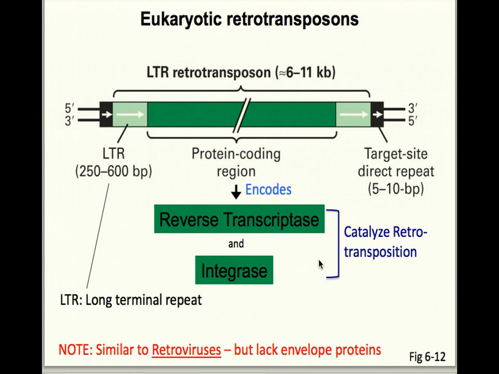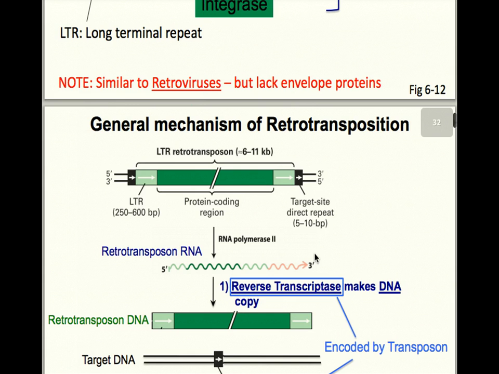This is an example of a retrotransposon, which is not cut and paste, it's the copy and paste mechanism. It encodes two different proteins, not just one: a reverse transcriptase that makes DNA from the RNA transcript of the transposon, and an integrase that then reintegrates it into the genome somewhere.